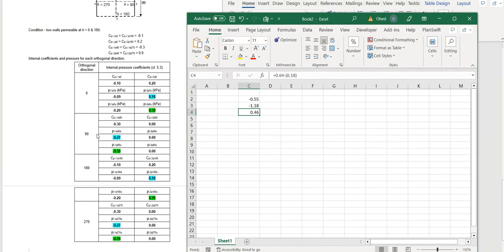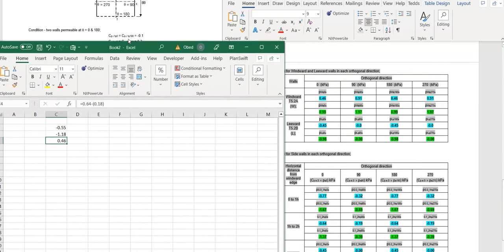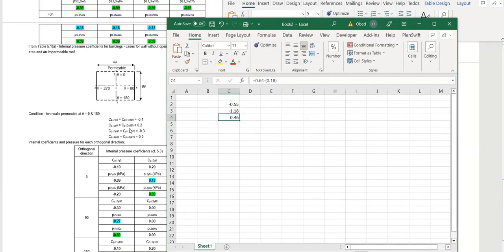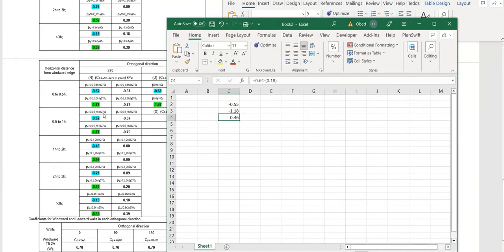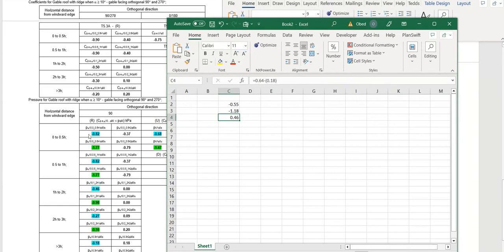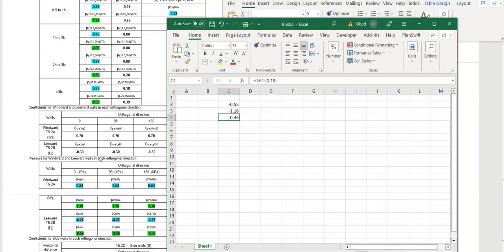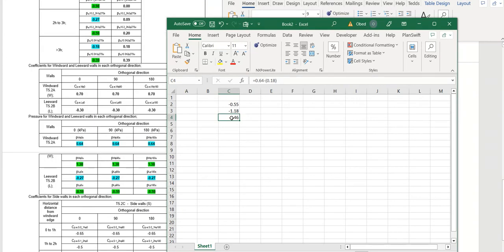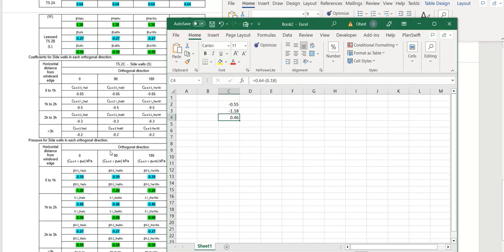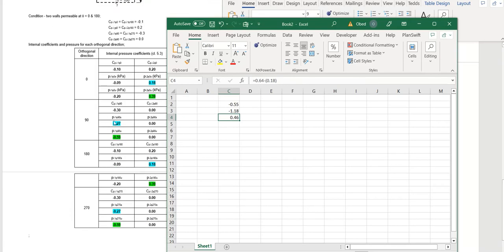And for wind at 90 degrees, same thing. Just get the value above here. Wind orientation at 90 degrees, 0.64 minus negative 0.27.